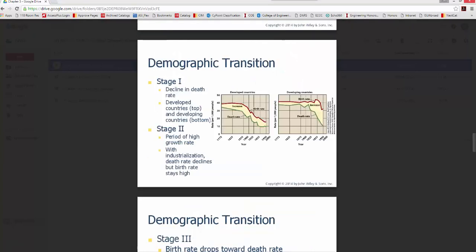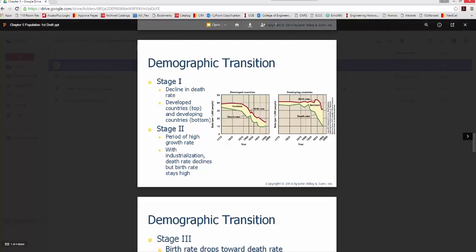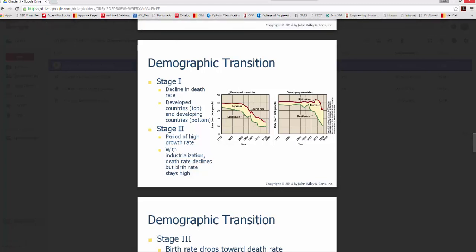Okay, let's talk about demographic transition. This is the area that I really am fascinated by. There are different stages. We'll talk about each of these stages 1 through 5. But before we do that, I've got a couple of graphs here from the textbook, and we're looking at years on the x-axis and the rate of births and deaths, death represented by the green, births represented by the red.